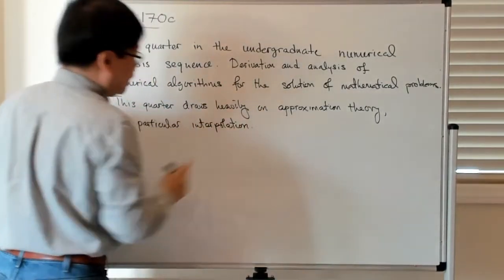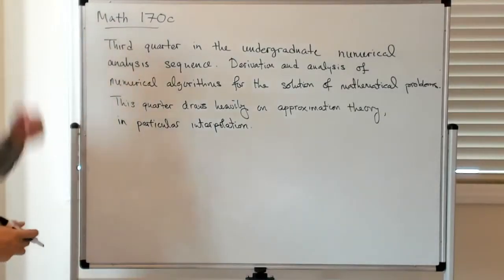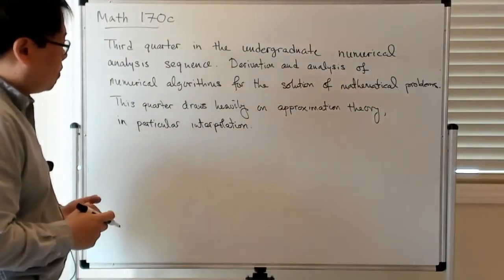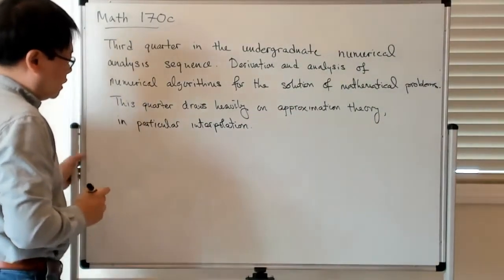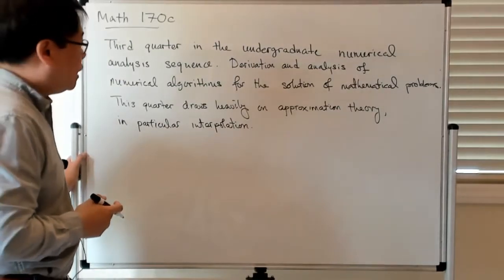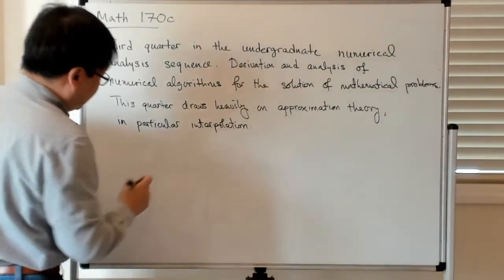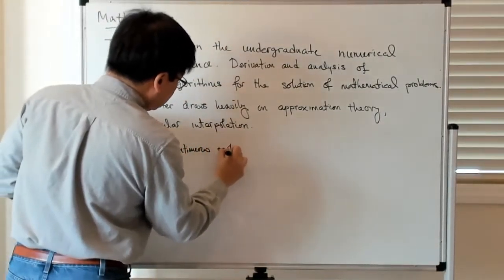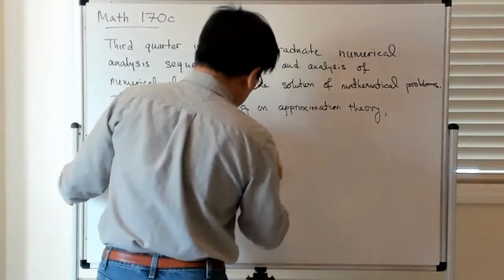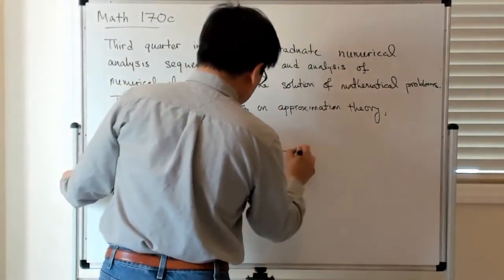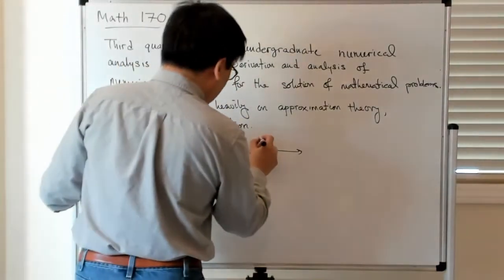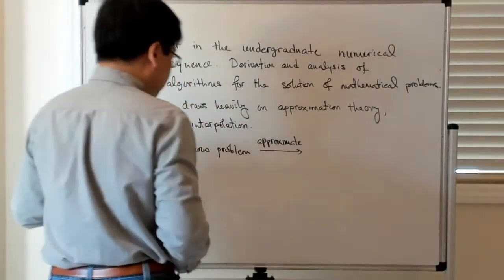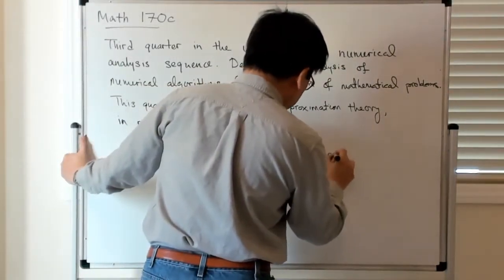Let me say a little bit about why approximation theory plays such an important role in this quarter. Many numerical algorithms which we derive can be thought of in the following way. Say you have a continuous problem. You can try to approximate this continuous problem, so you get an approximate problem in some appropriate sense.